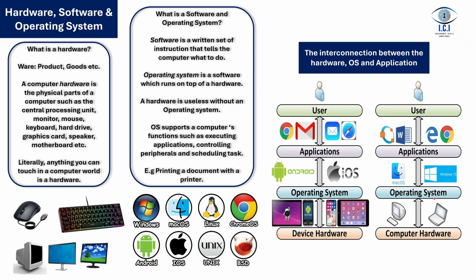So when we have our laptop or desktop, we have Mac OS or Windows OS, where Mac OS is the operating system for Apple products, while Windows is for Microsoft products. The operating system must sit on the computer hardware first before we can install applications, such as Microsoft Word, PowerPoint, Chrome, TikTok, etc.